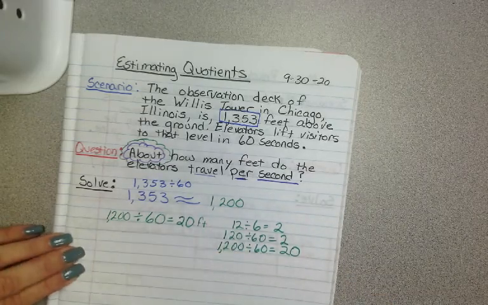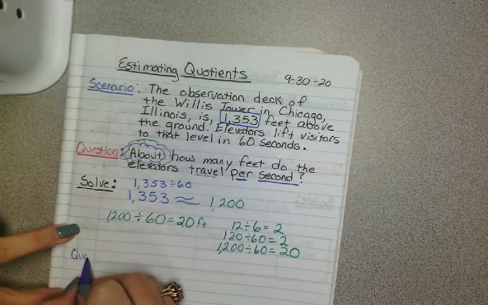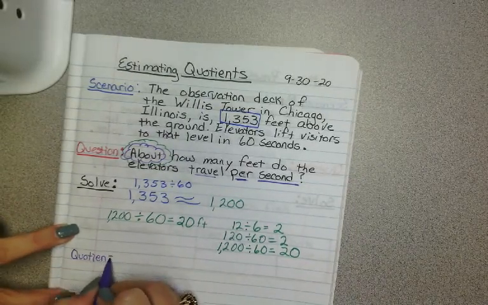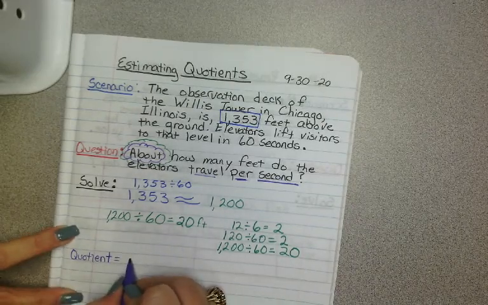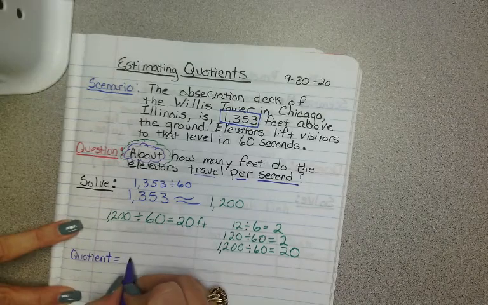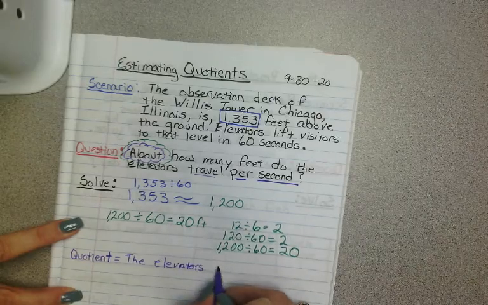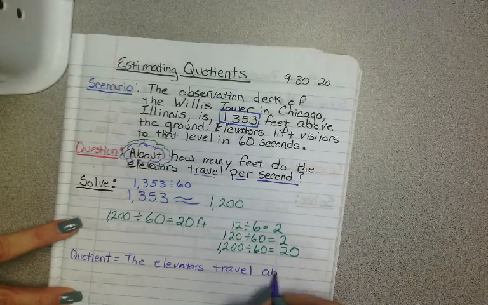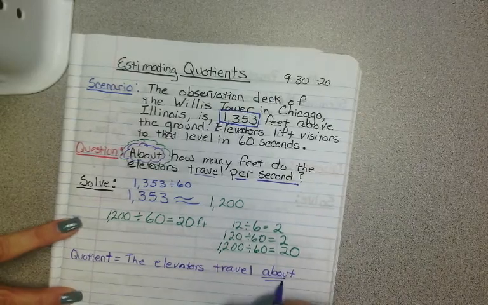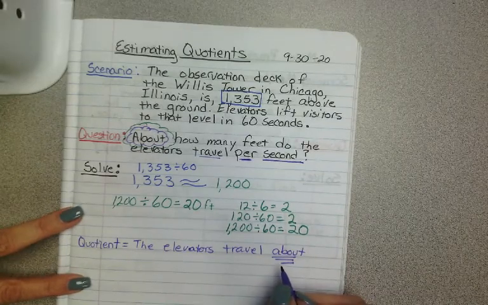So the quotient would end up being the elevator's travel about... Now, it's very important for me to use the word about because we did round and we did estimate.